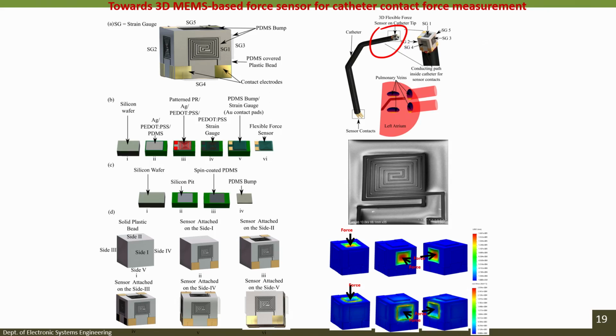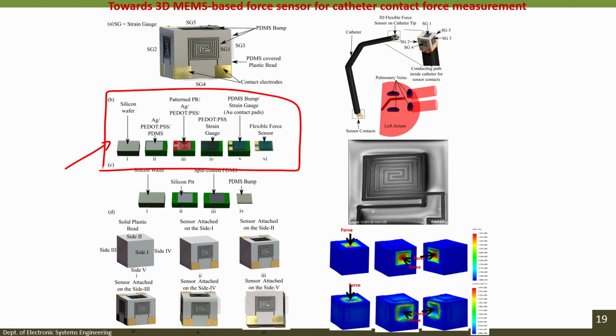Now, as you know how the lithography is done, I will show you this particular process step wise, from step 1 to step 6. If you focus on this particular section, the first step is that you take an oxidized silicon substrate. The next step is you have to deposit PEDOT:PSS. PEDOT:PSS is a conducting polymer.